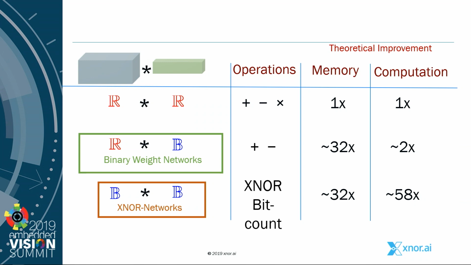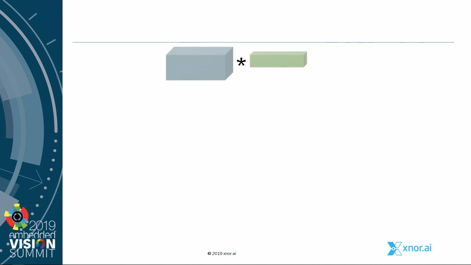In that sense, we can reduce computation by a factor of 2, but memory we can reduce by a factor of almost 32, in theory. And if we binarize both the input and the weight, it means that the entire convolution can be done with logical operations. In that case, the computation can also be reduced by a huge factor, depending on the register size. So let's see how we can build a binary convolutional neural network.